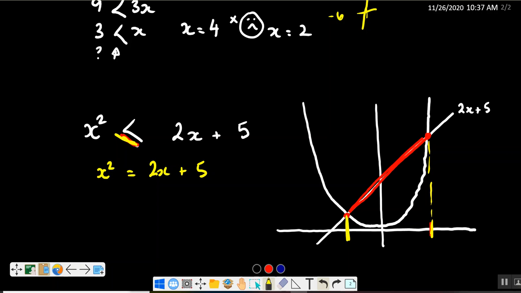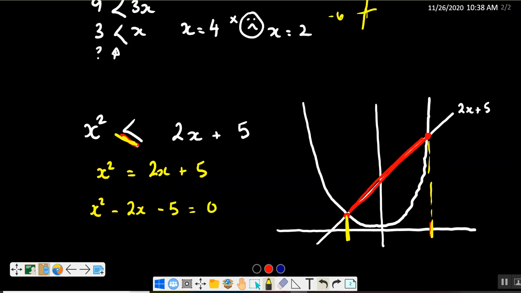Well, this is where we will get to eventually. We have to solve a quadratic. We would do x squared subtract 2x subtract 5 is equal to 0. That would be one way. We can do that using a formula, or we can try and factorise. We need to get to that stage.